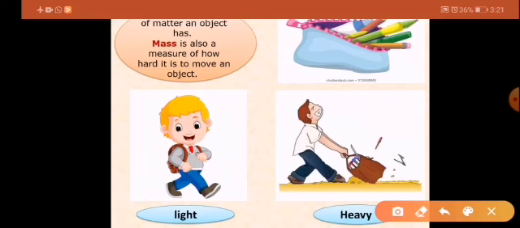Also, mass is a measure of how hard it is to move an object. For example, this boy is holding the bag easily. So this bag looks like it's light, and light means its mass is light.